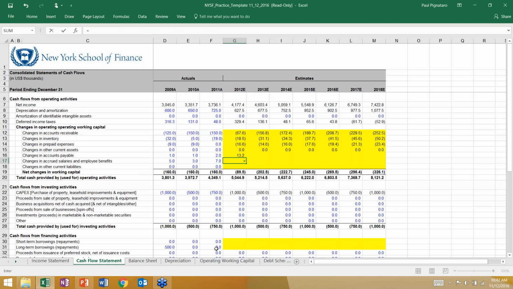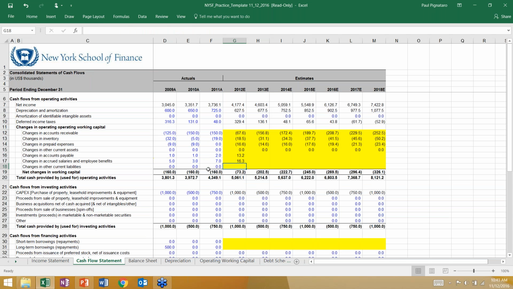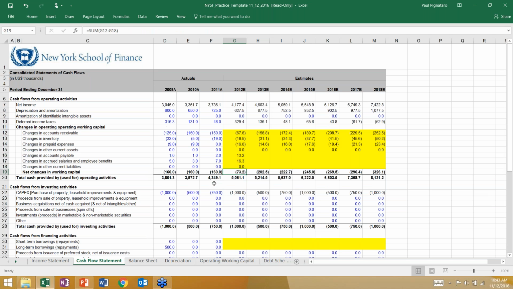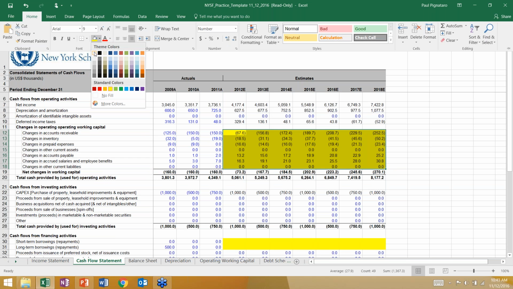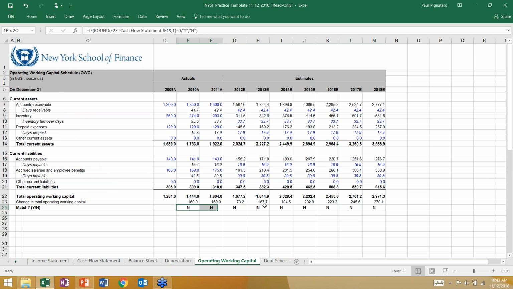For accrued salaries, 2012 minus 2011. Other current liabilities, 2012 minus 2011. Take this whole thing, copy to the right. I'm going to give you a minute or two. Take a look at that, and then we'll discuss the conclusion. And I'm going to talk about this match.